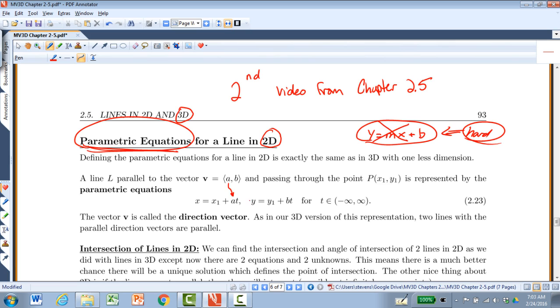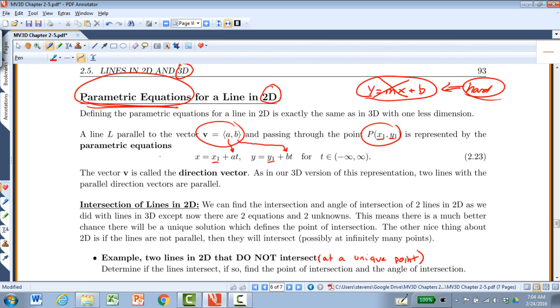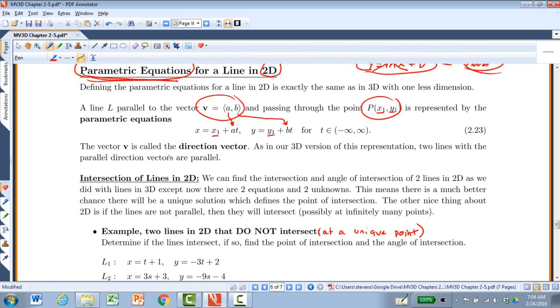A and b, those are the coefficients of t, and this x1 goes there, and this y1 goes there, right? So that x and y go through this point, and the line that is created is parallel to that vector. Okay, so now we're going to talk about intersections, all right?